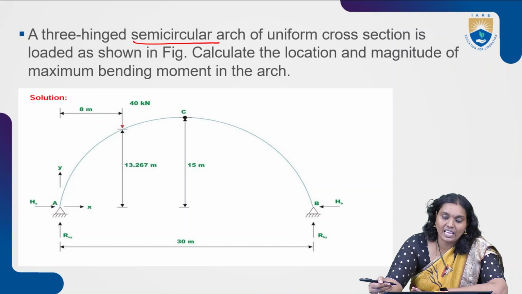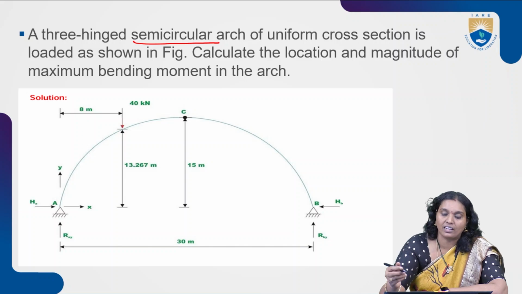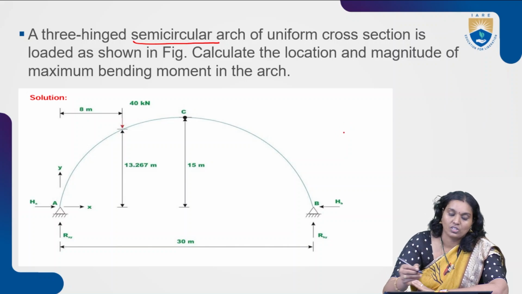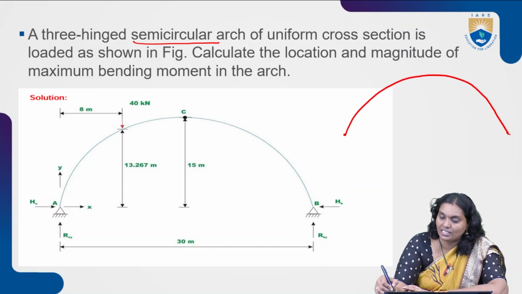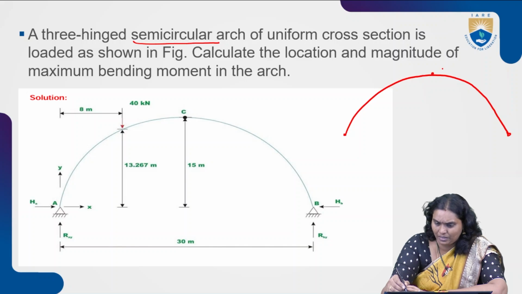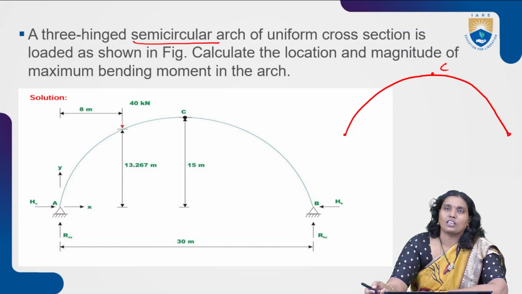Here, a three-hinged semicircular arch of uniform cross section is loaded as shown in the figure. It is a three-hinged arch, meaning one hinge at A, one hinge at B, and one at the crown C. Now, calculate the location and magnitude of the maximum bending moment in this arch.